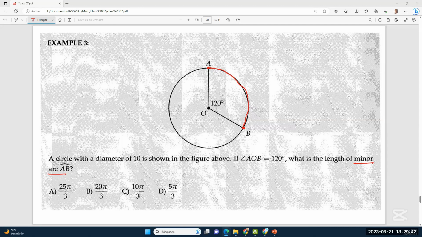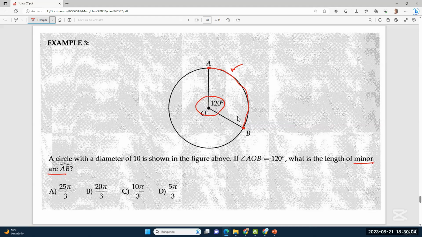Here you need to be really clever. Why? Think about it. This is just 120 degrees. It's the third part of a whole loop. So it follows that this arc should have a length which is just 1/3 of the whole circumference.